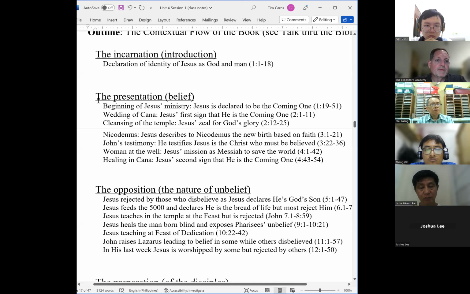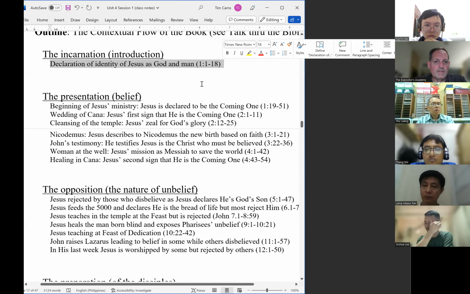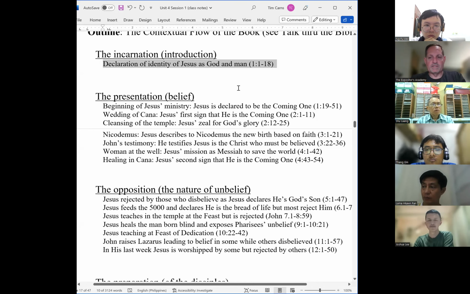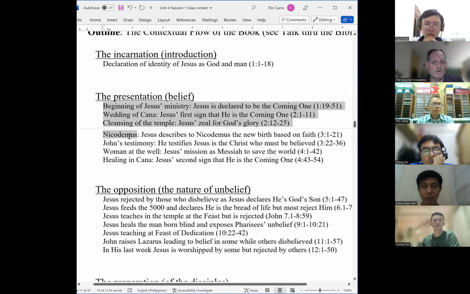For example, the book begins with an introduction, right? That's not a story. It just gives us who Jesus is: he's divine and human. And then beginning with the first story, in John chapter 1, verse 19, I identify each of the stories, and then notice that there is a larger structure to the book.